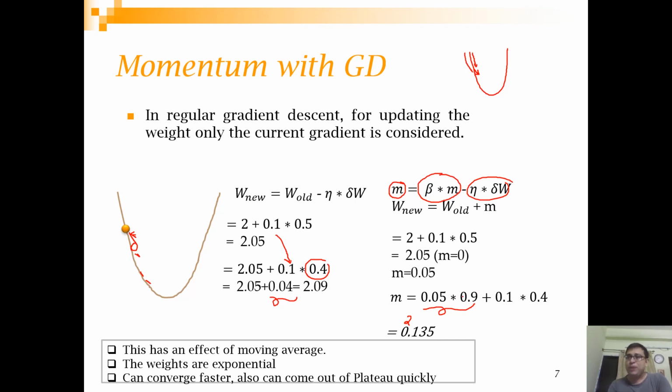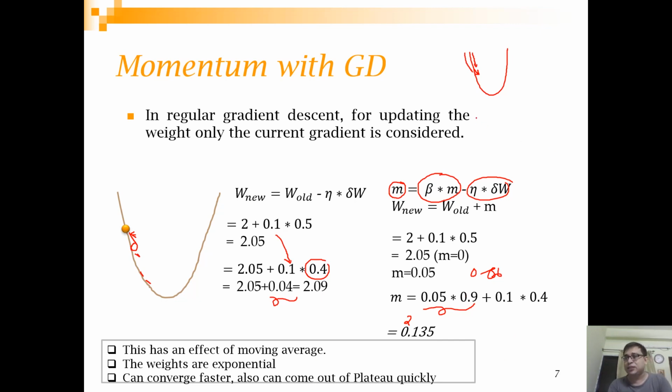Then for the previous term, if my previous gradient was maybe 0.06, it will be multiplied by 0.9 into 0.9. So the more recent the previous term is, the higher is its weight. That's how it works, and it converges faster and can also come out of plateaus quickly.